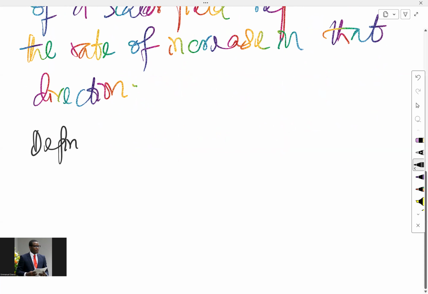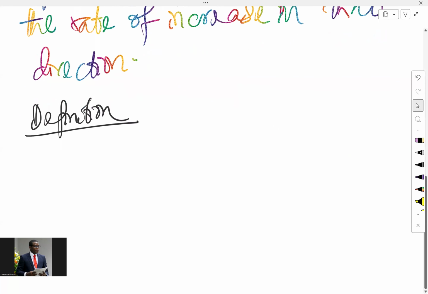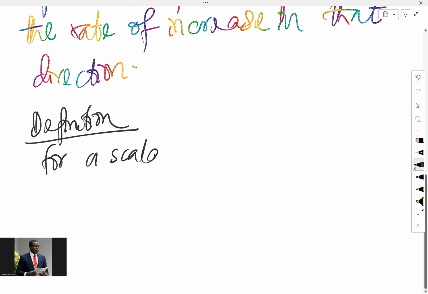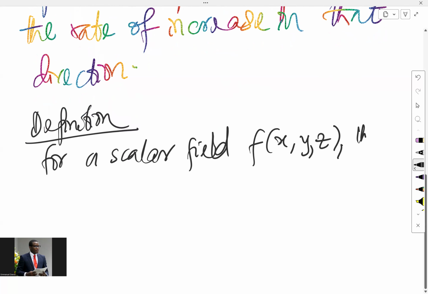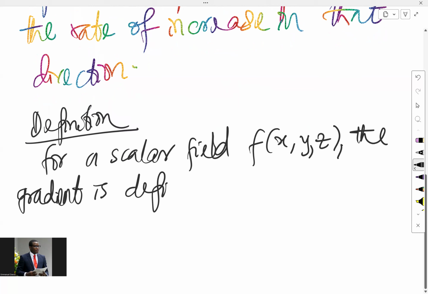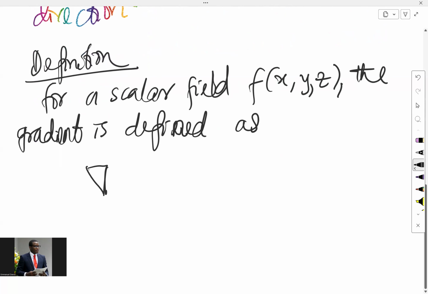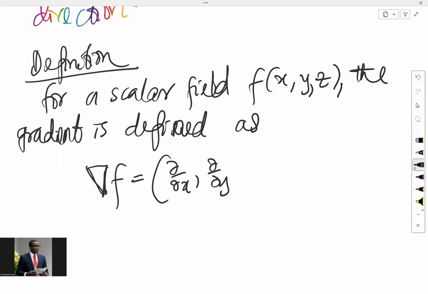For a scalar field f of x, y, and z, the gradient is defined as this symbol, nabla f, which is more like partial x, partial y, partial z of f.